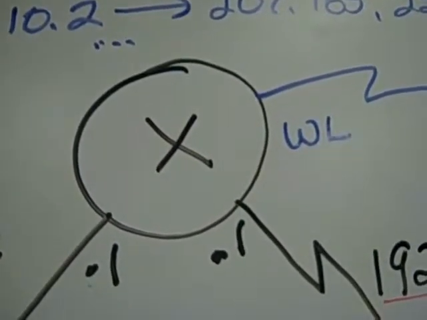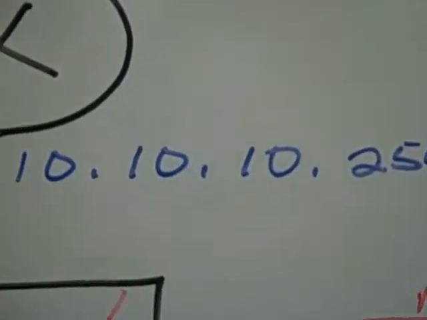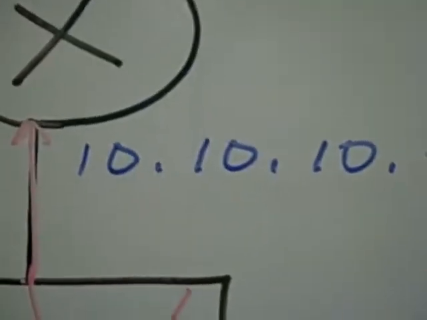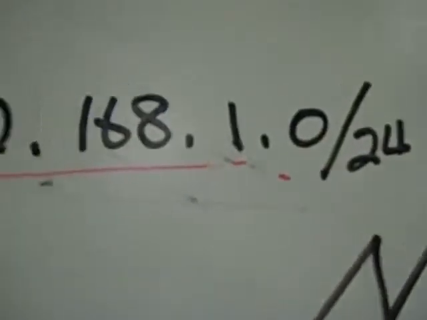Then in the Waterloo router, we created a static route pointing to the 10.10.10.0 network down here, pointed at the next hop, this interface here.